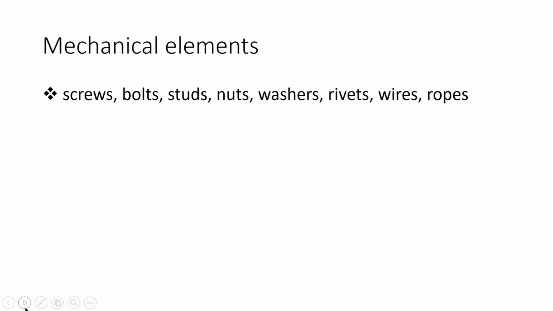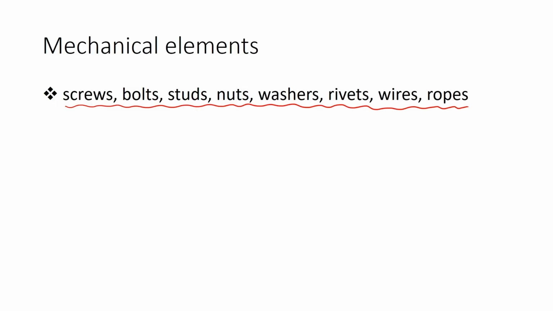All these elements are used as temporary fastening elements. If you want to assemble the sub-assemblies or various parts of our system, we need to fasten them together. So, we can have either temporary or permanent fastening. To have the temporary or semi-permanent joining, we use screws, bolts, nuts, washers, rivets, wires and ropes.